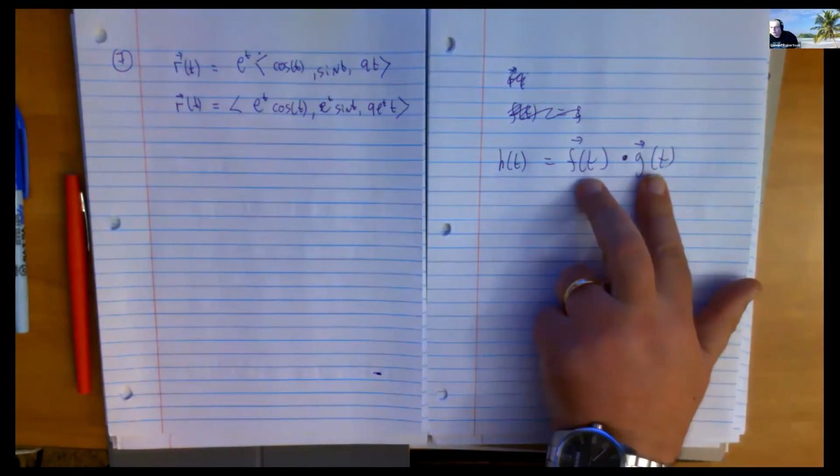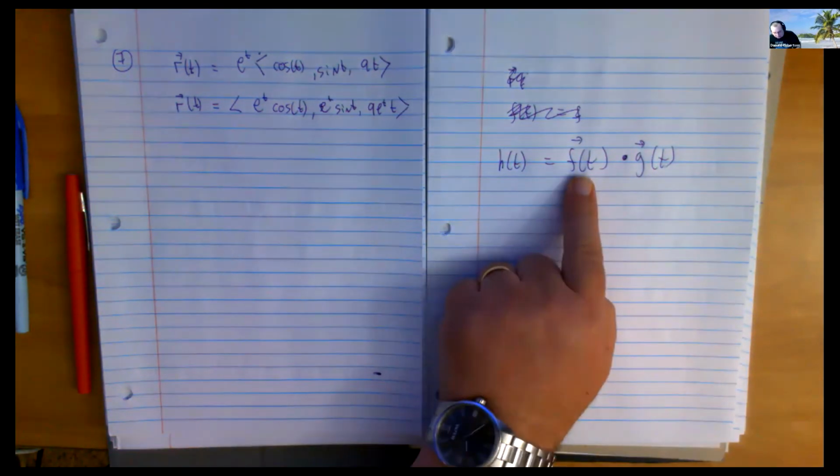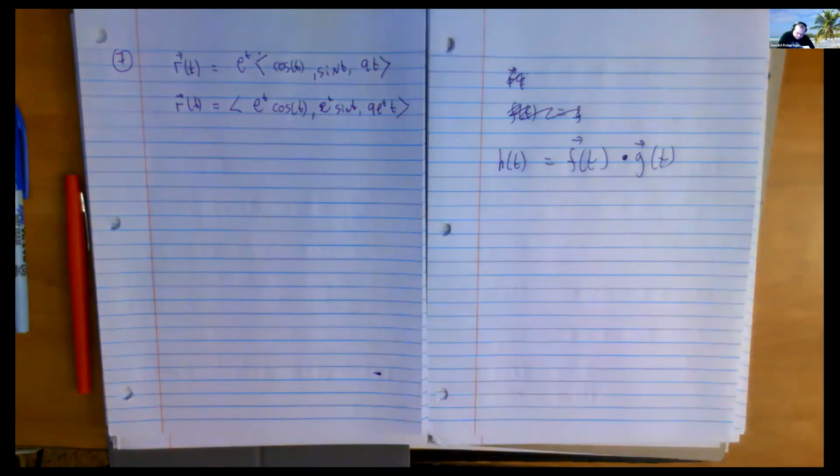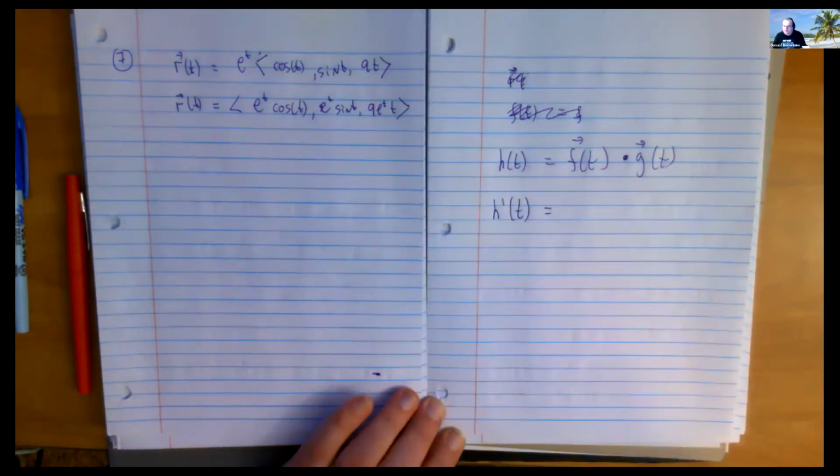Won't a dot product always give you a single dimensional function, right? A scalar function. So imagine that you had this function dot product with this one, and you are still going to be asked to find its derivative.